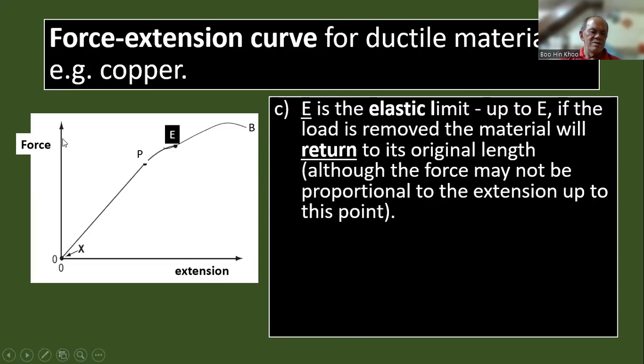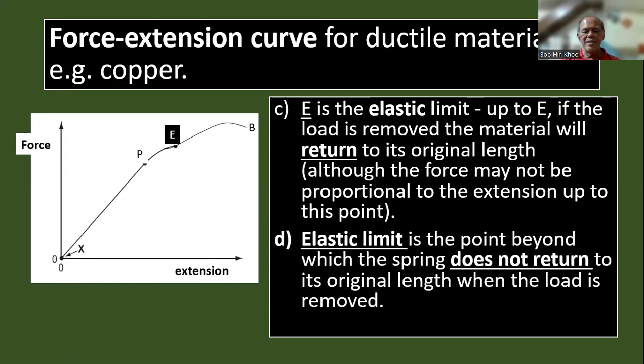Force is the load, or load is the force. We add the load up to E. We remove the load. It will return to the original length. That's how we know it is still within the elastic limit. Of course, in this region, the force is not proportional to the extension anymore. Only OP.